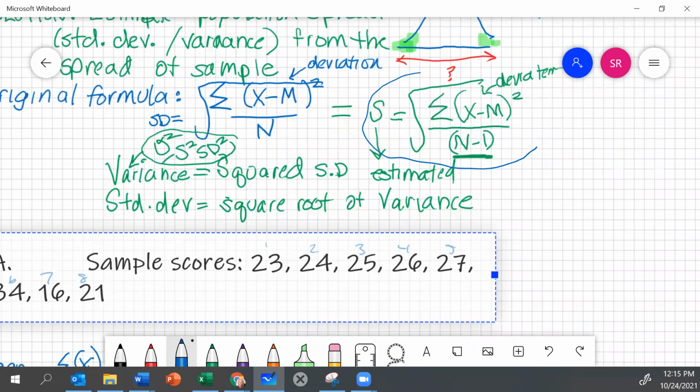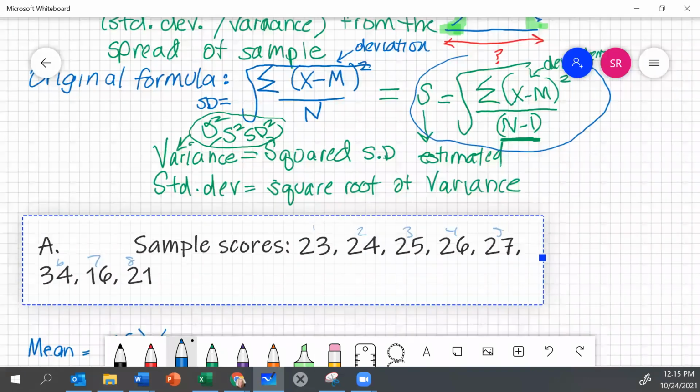To calculate the spread, we're going to take the sum of squared deviations.